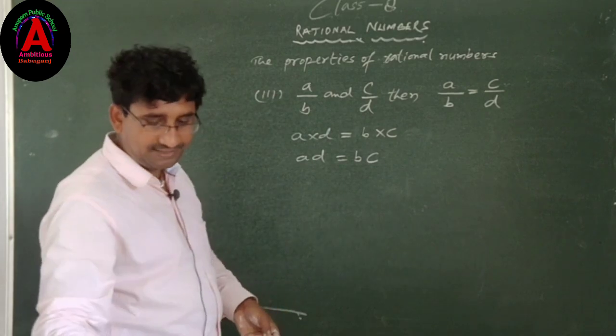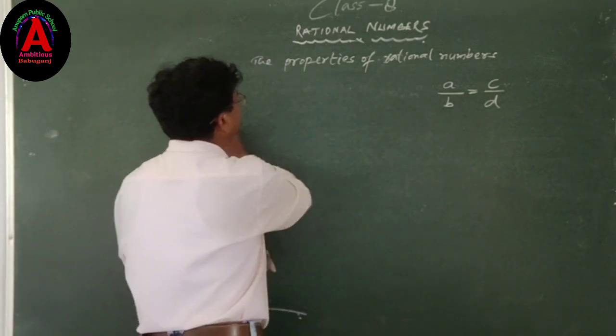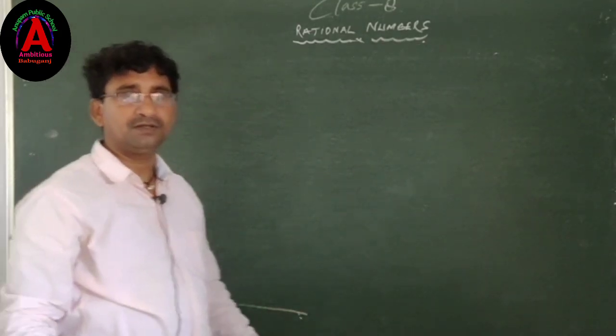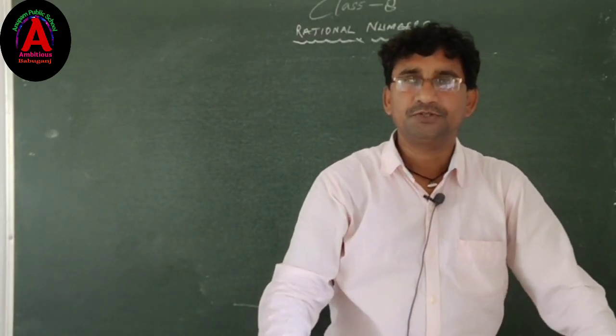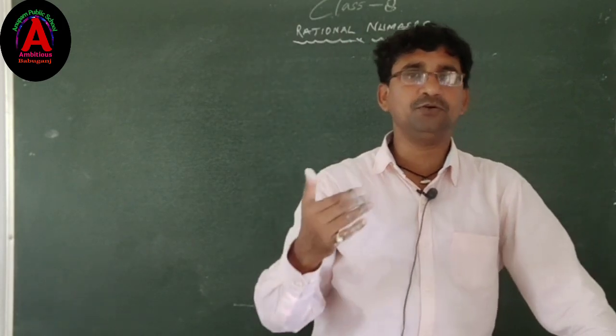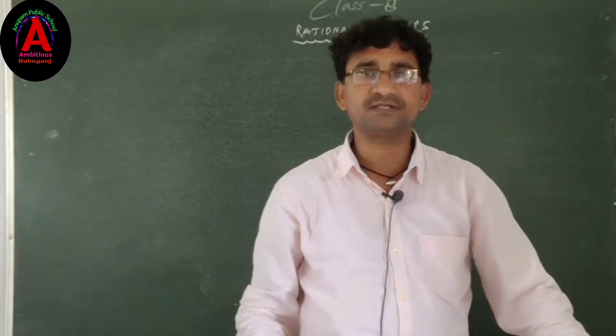Once again, memorize it. First, if our rational number is A by B and M is a non-zero factor, multiplying numerator and denominator by M gives the same rational number.